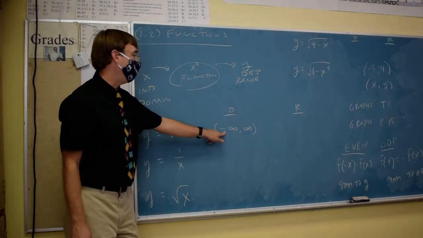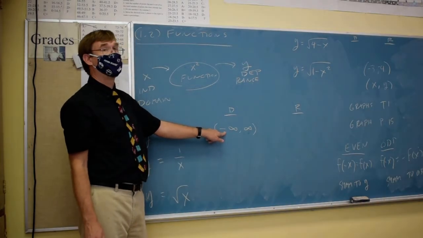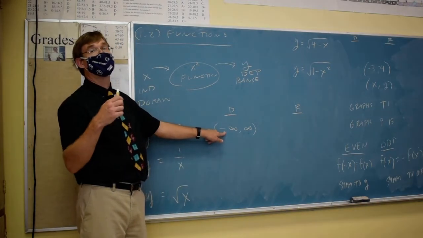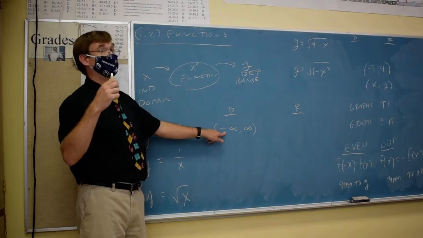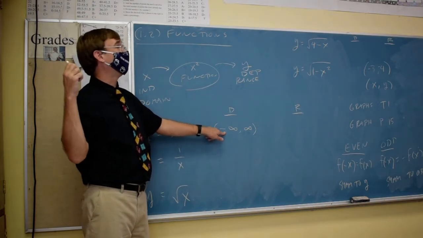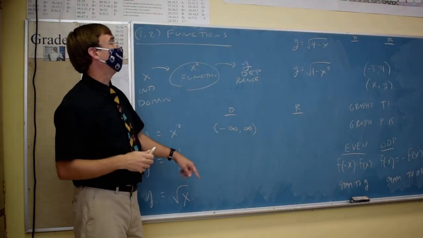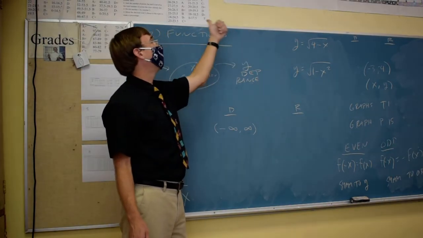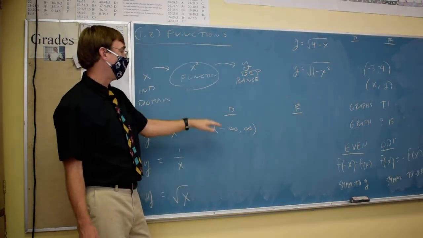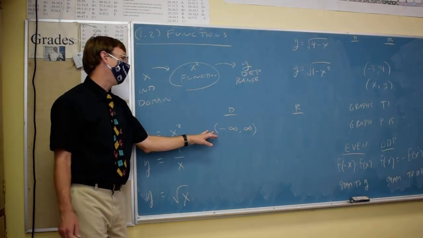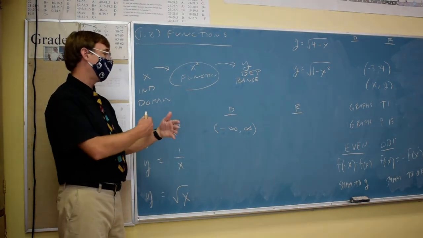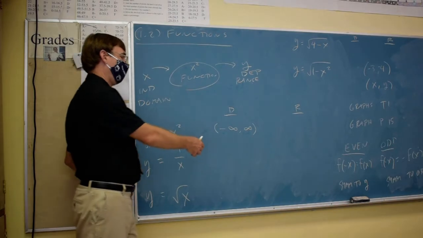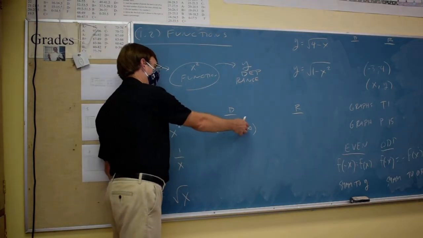And this means at the low end of the number line, you could put in any number you want, as low as 0, negative, anything, negative as far as you want to go, negative infinity. If my number line ended this way, I'd reach infinity. If the number line ended this way, I'd be at negative infinity. But this is a fancy way to describe with math symbols that you can plug in literally any number from negative as far as you could go to positive as far as you could go.